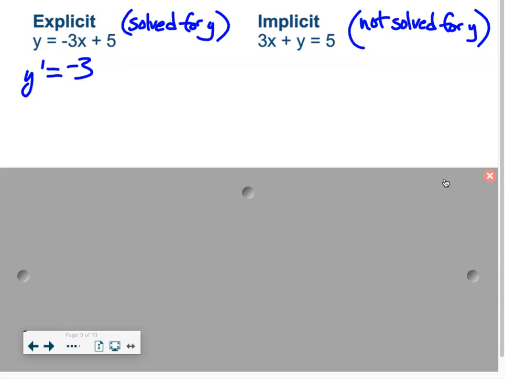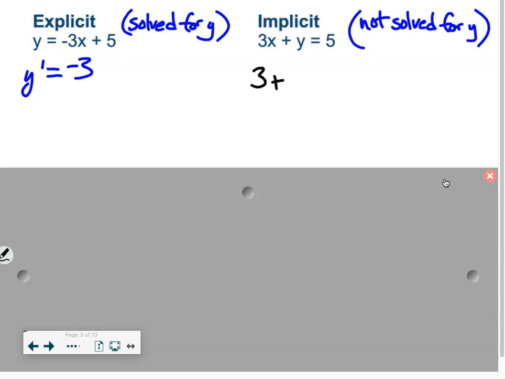Now, let's go over to this guy. Go ahead and write this on your paper: 3x plus y equals 5, if you don't already have it written. Let's write underneath it. We're going to do this together. What's the derivative of 3x? 3.